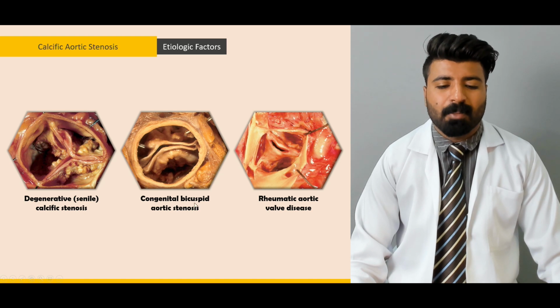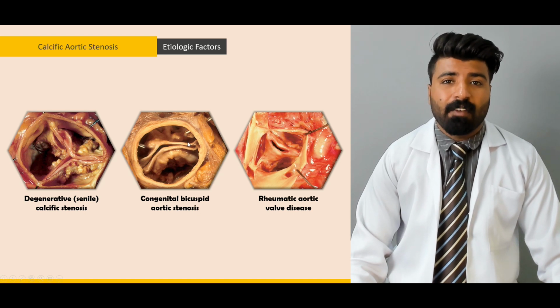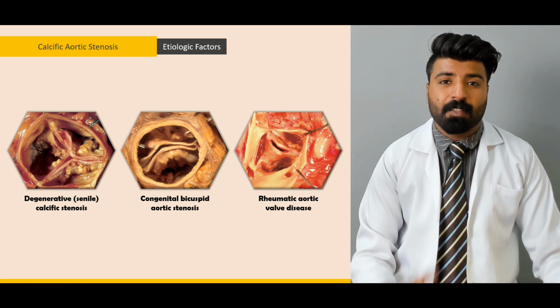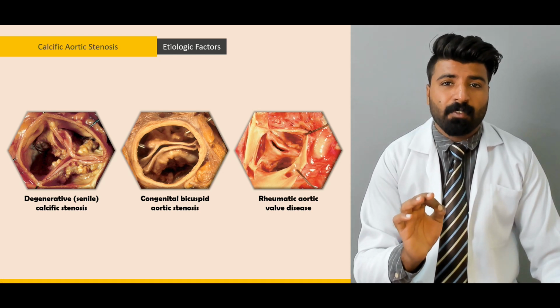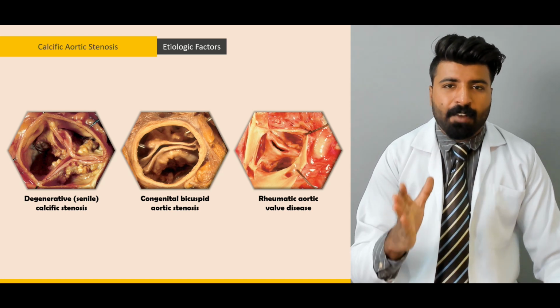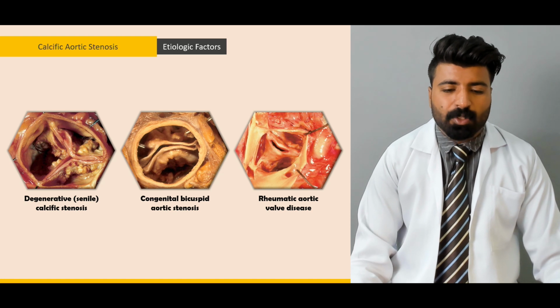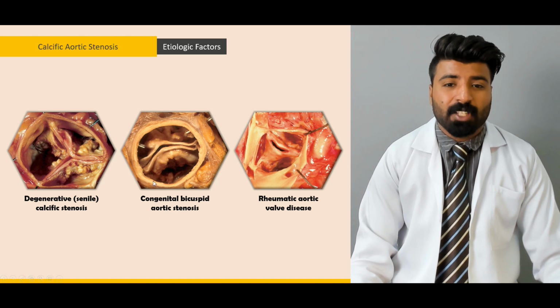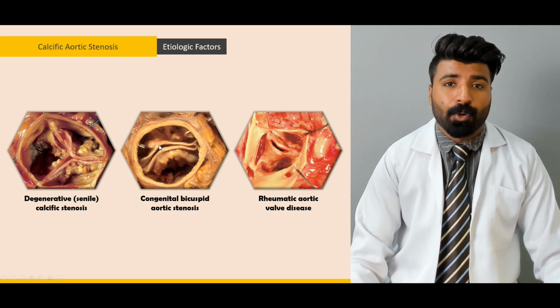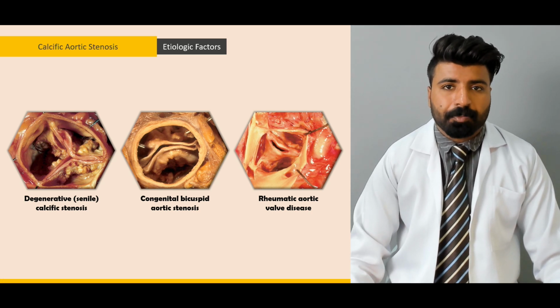Next on, we have congenital bicuspid aortic stenosis, in which there was a congenital abnormality of the aortic valve. Whether you knew about it or not, one way or another, this led to congenital bicuspid aortic stenosis, in which a lot of calcium has been deposited, and this pathology led to turbulent blood flow for a long time.